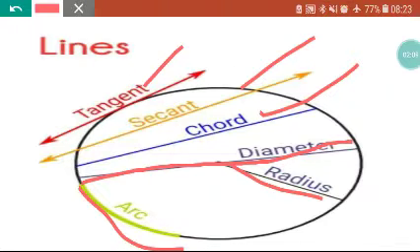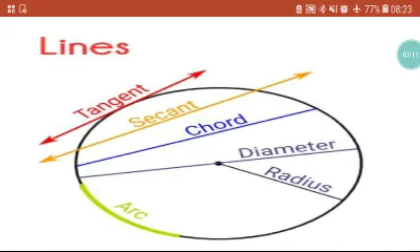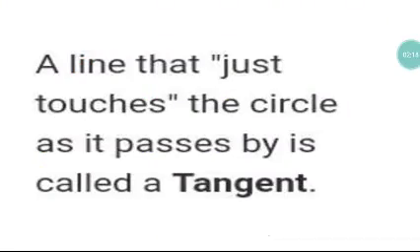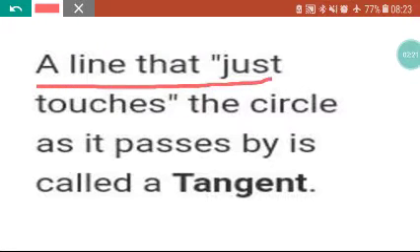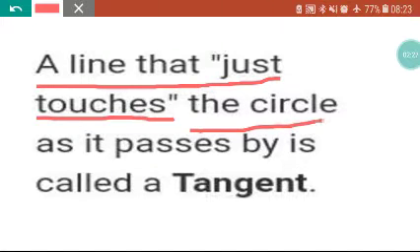So the first thing is the tangent. What is a tangent? A tangent is a line that just touches the circle at a unique point.